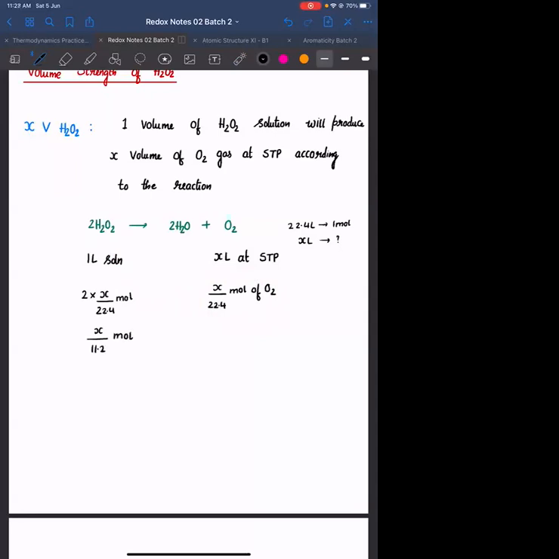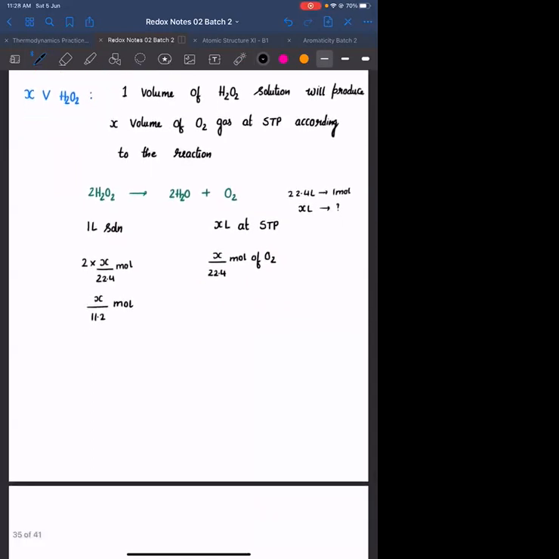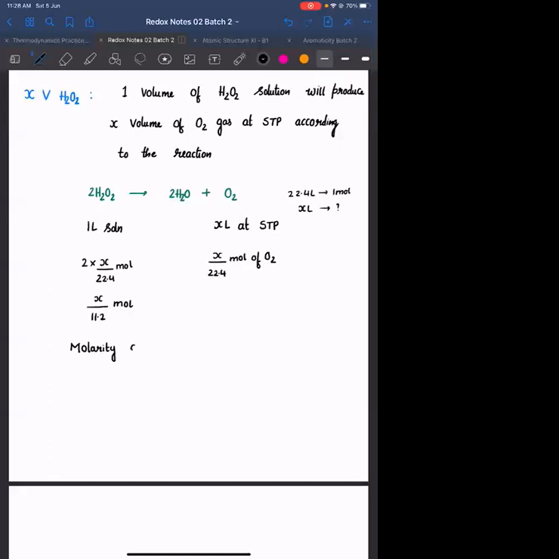Okay. Now let us try to convert the volume strength into molarity. What is molarity? Moles upon 1 liter. Molarity of H2O2 is nothing but moles of H2O2 upon volume of the solution in liters. What are the moles of H2O2? X upon 11.2.